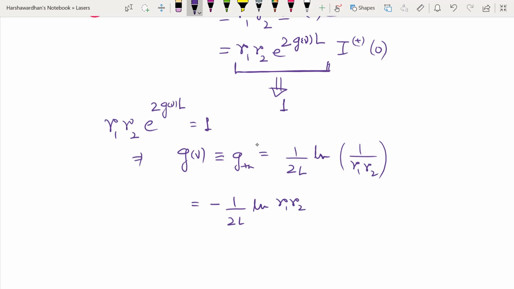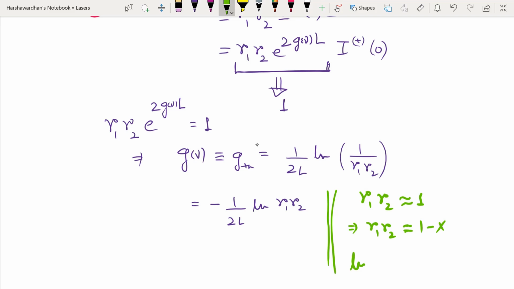Because remember, R1 and R2 are numbers which are going to be smaller than 1, right? So their logarithms will be negative. And not just that, if R1 R2 is close to 1, which implies that I can write down R1 R2 as 1 minus x, where x is small.